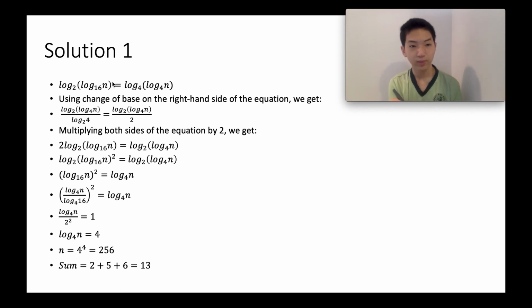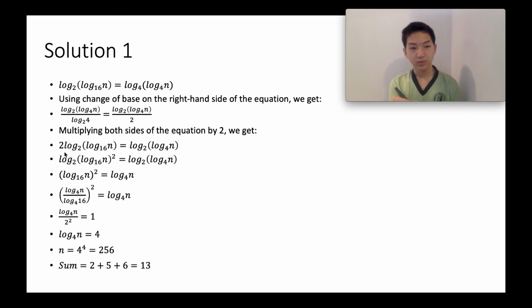Using change of base there, if we have the form log base b of y, it would be log base 2 of log base 4 of n, and then b is 4, so log base 2 of 4. And then we can simplify that further because log base 2 of 4 is equal to 2. So then we just multiply both sides of the equation by 2, and this is what we get.